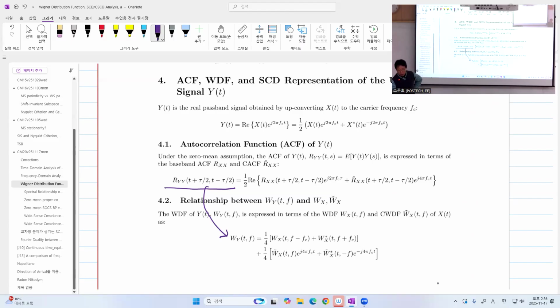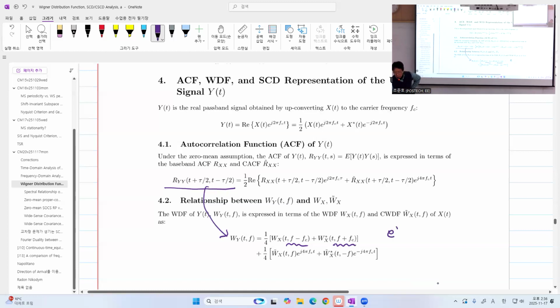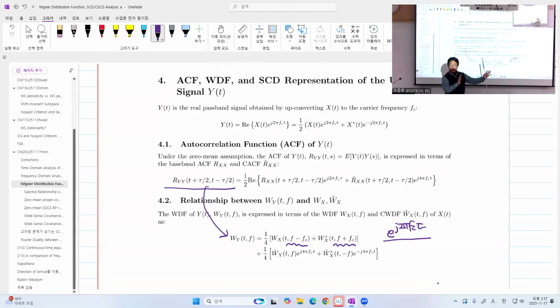And also, why do we have this one? We have the e to the j 2 pi fc tau factor. So if it is Fourier transformed, what does that mean? In the frequency domain, in the f domain, our spectrum is shifted.